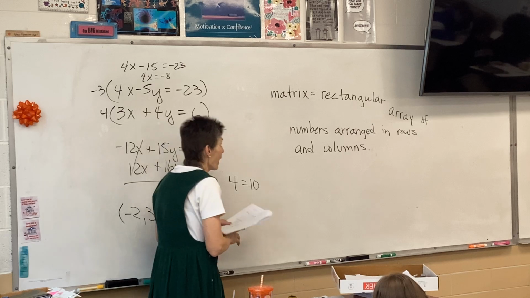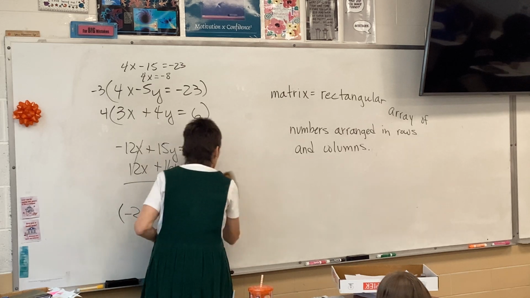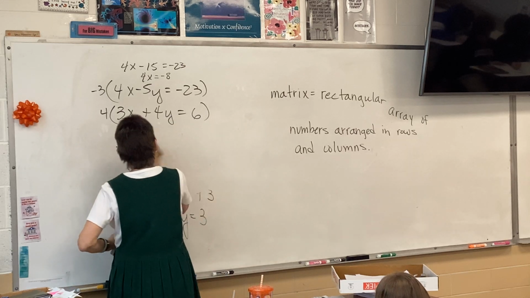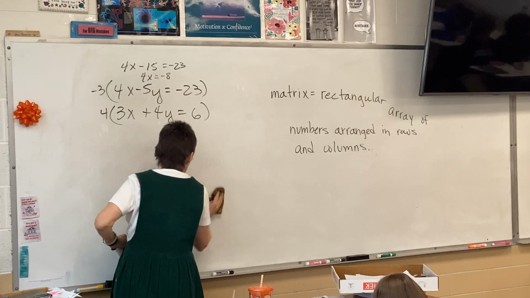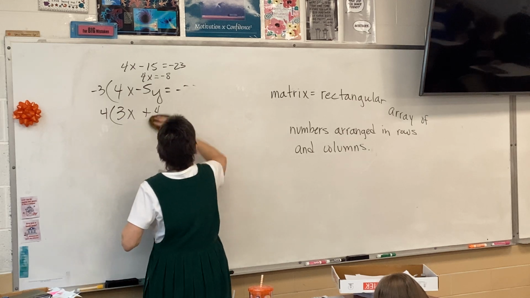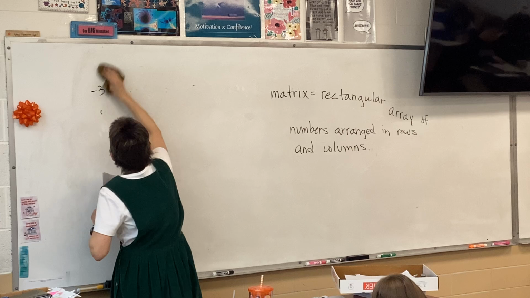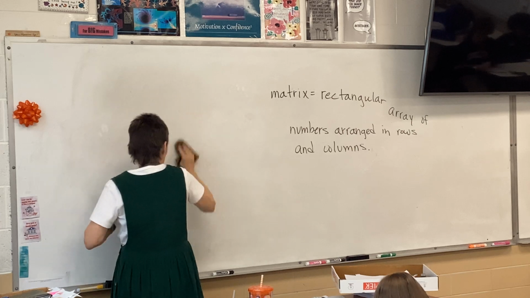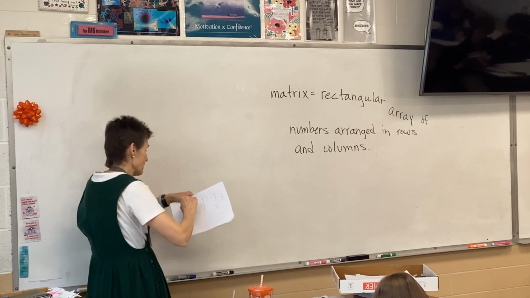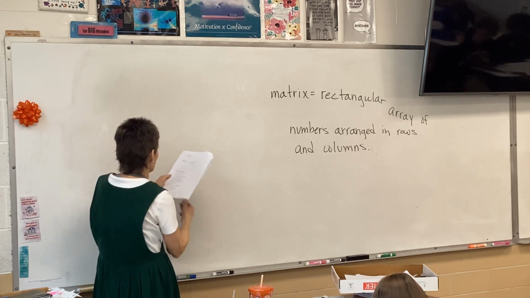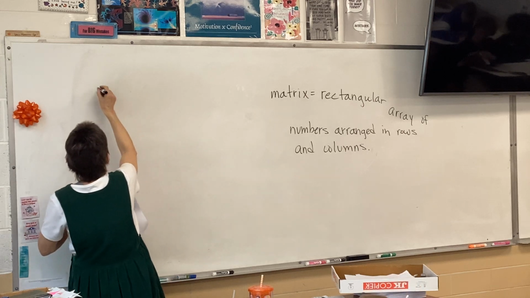Okay, so I am going to give you an example of a matrix. Actually, I'm going to put a couple of them up here. So somewhere maybe over here in your margin area, here are your examples.